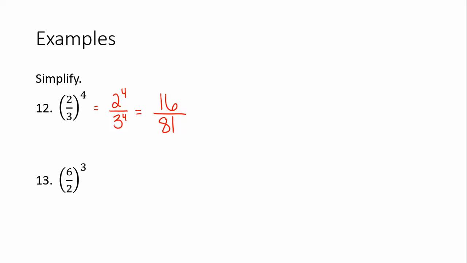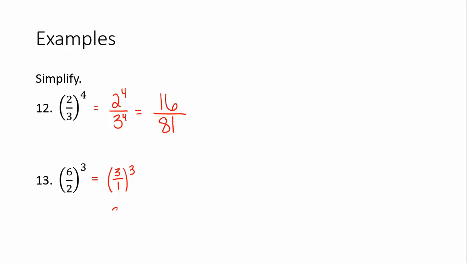Number 13, we have 6 over 2 raised to the 3rd power. And you have an option here. You can simplify inside first if you'd like, or you can apply the property and then simplify at the end. Personally, I think it's a little easier to simplify first since we're dealing with smaller numbers. So 6 over 2 becomes 3 over 1, still raised to the 3rd power.